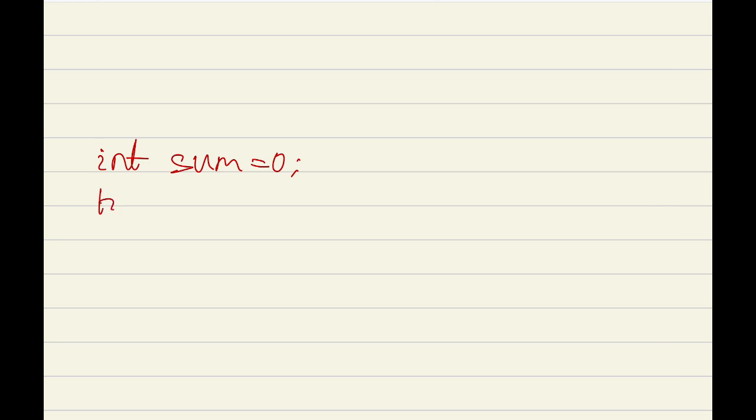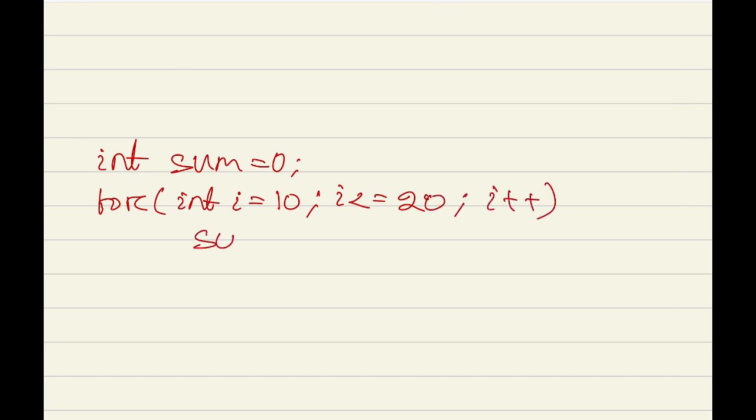then for int i = ..., previously we were writing i = 1, i = 10, i = 20, like that. Then i <= 20, i++, sum = sum + i.